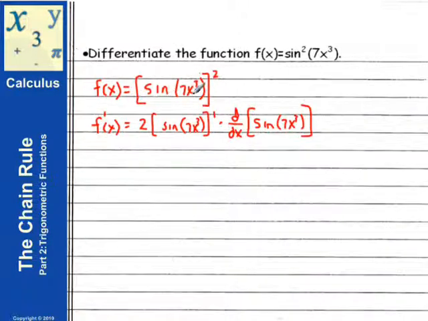So the derivative of an expression to a power is that power times the expression to one less power, and then times the derivative of the expression. Of course, this we can just rewrite as the sine of 7x cubed. So here we have 2 sine of 7x cubed.